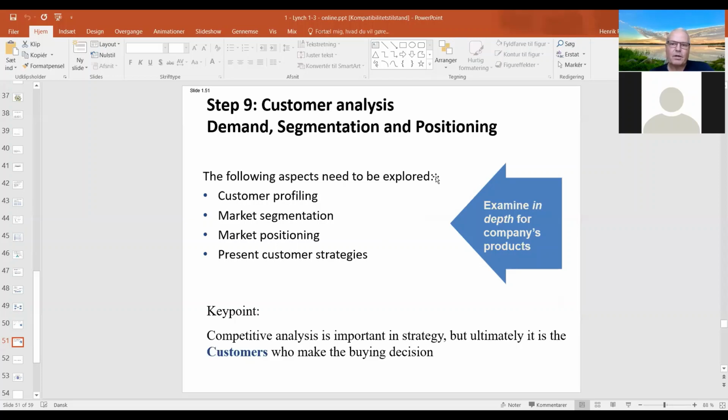The course here about strategic management is not really digging a lot into customer analysis. We're not digging a lot into competitor analysis. If it were a marketing course, marketing management, then we would have spent a lot of time studying these 2 steps together with lots of other things. But then our focus would have been a lot on customers and strategies for customers. Yes.